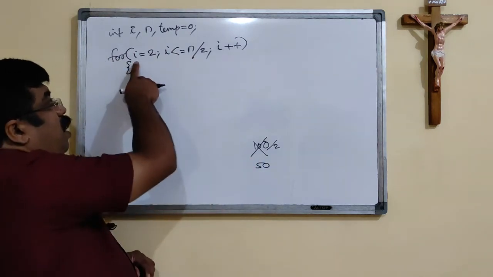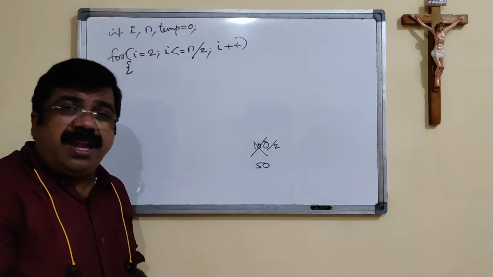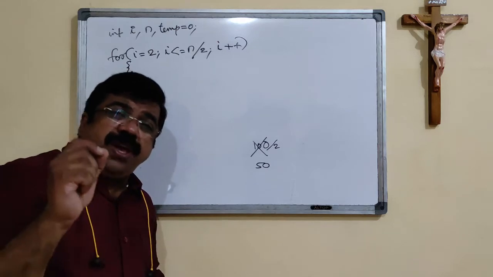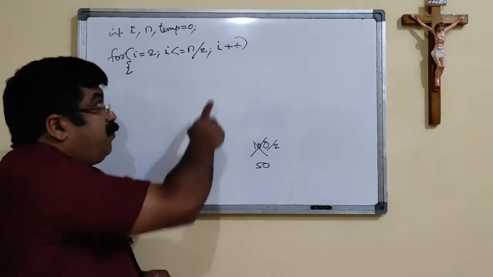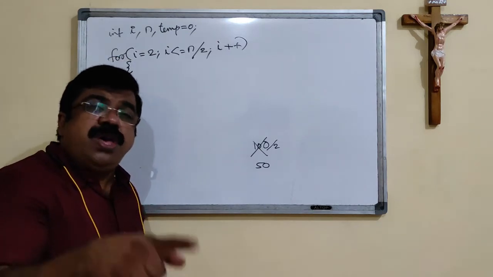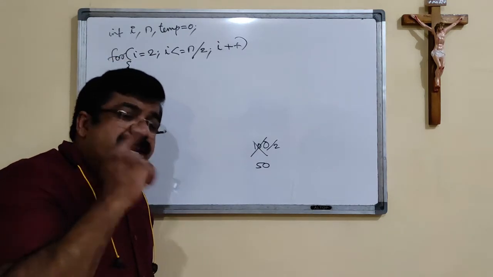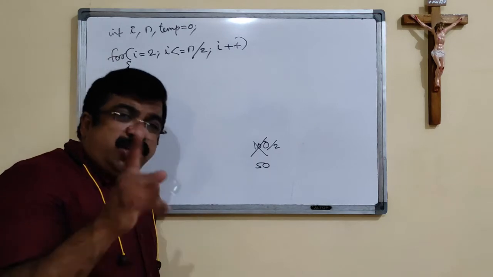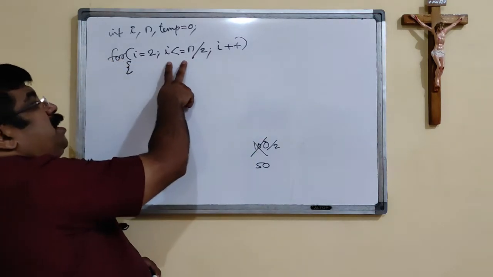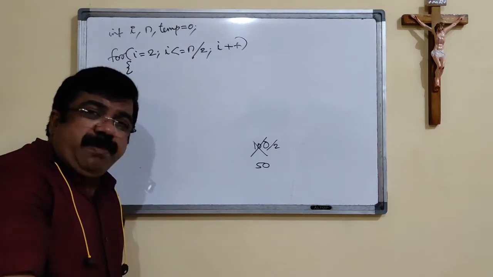Okay now. Why is i equal to 2 given? Because you know, 1 is a factor of any number. And we avoided the number because the number itself is also a factor of any number. That is why we gave for i equal to 2, i less than or equal to half of the number.